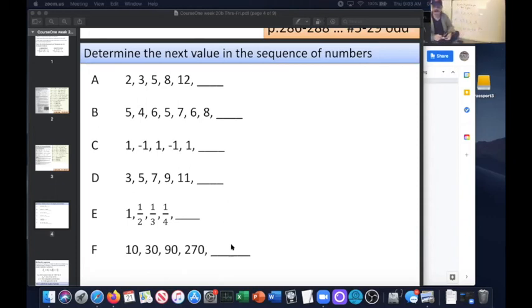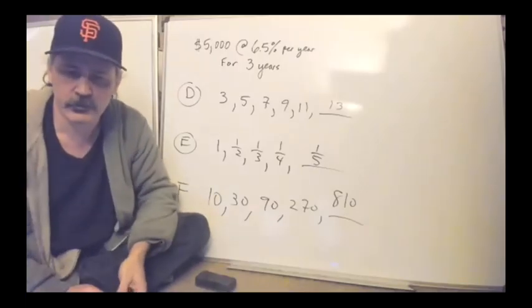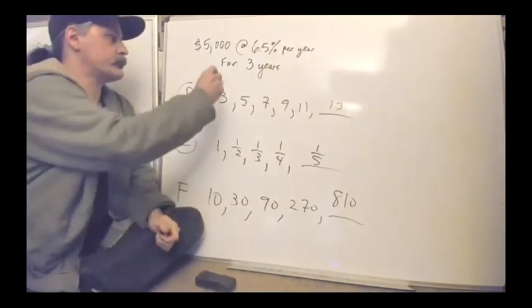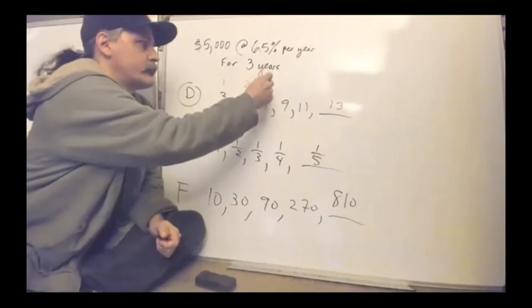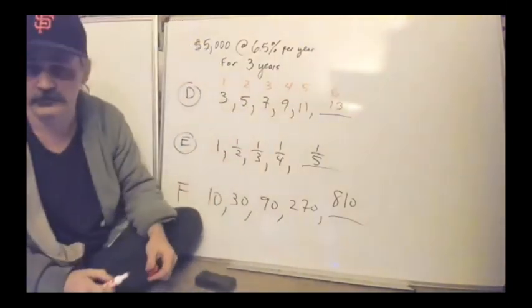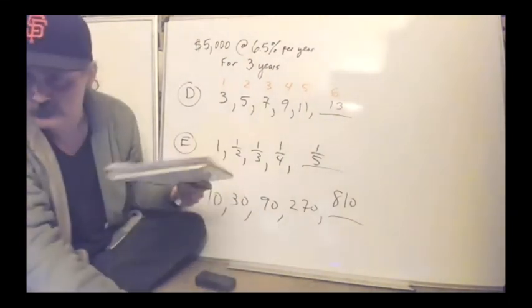Okay, these are called sequences. And sequences are extremely important in the sciences because they model real world phenomena very well. And the way we make rules for them is by numbering the position of the sequence numbers. That's how we can make rules for them.